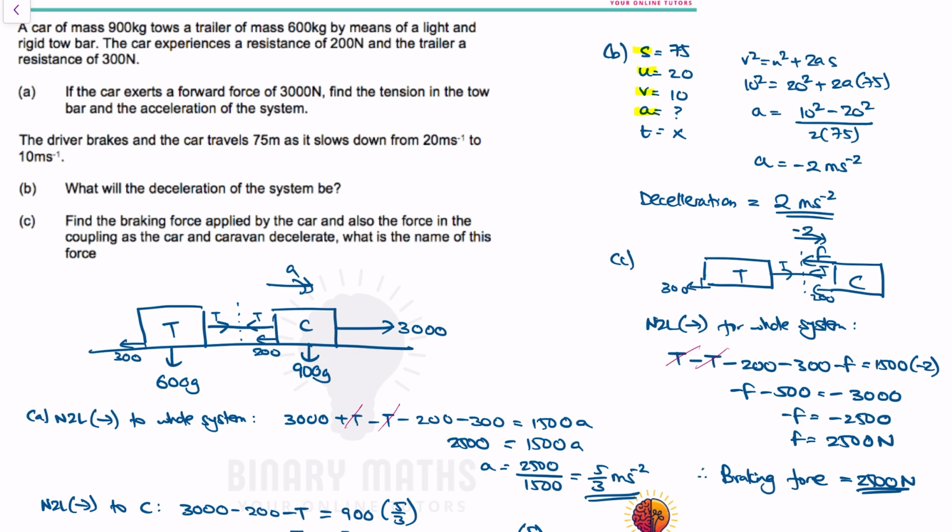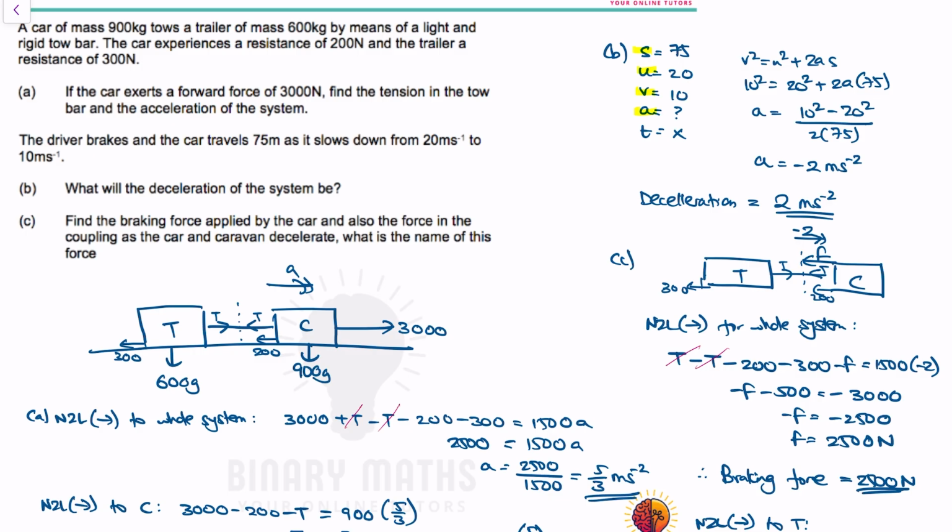The second part is the force in the coupling as the car and the caravan decelerate. So we're trying to find the tension. If I want to find the tension, I can apply Newton's second law horizontally to the trailer.